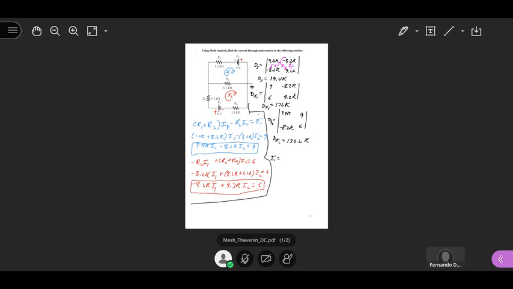Now, to find my I1, it will be equal to the determinant for I1 over the determinant of the system. And to find my I2, it is equal to the determinant I2 over the determinant of the system. Right? So this is equal to 132K over 19.4K. K over K is 1.